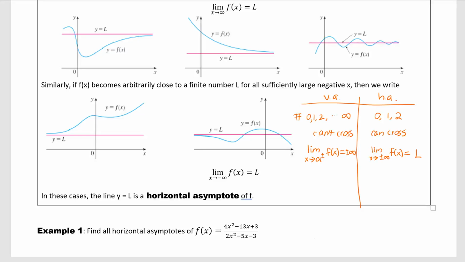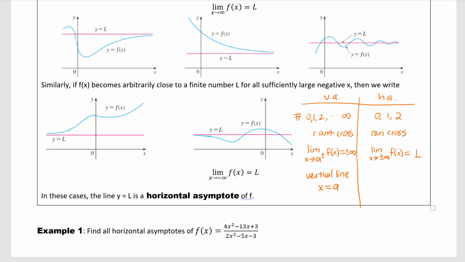So you can see here, for a vertical asymptote, the x is a number and the y is infinity. For a horizontal asymptote, the x is infinity and the y is a number. So they kind of flip, right? And lastly, vertical asymptotes are vertical lines. So what is a line? A line is an equation.